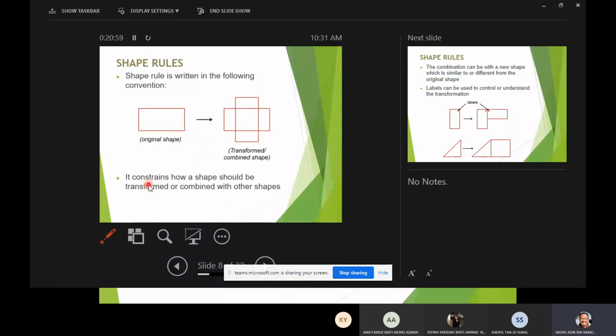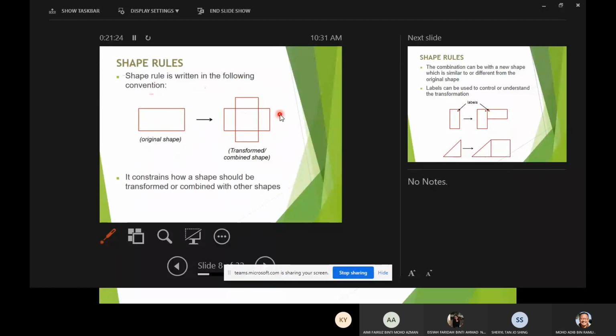Basically, what a shape rule does is constrain how a shape should be transformed or combined with another shape. When you create a pattern using this shape grammar method, first you need to specify the rules, which is like this, and when you create the design, you have to obey the rules.